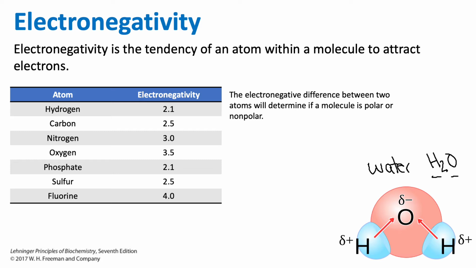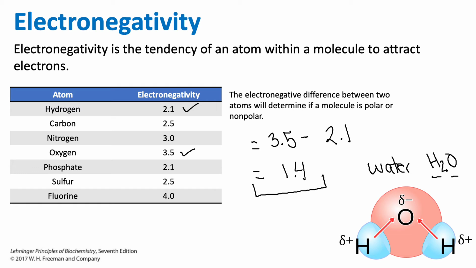If we take the difference, 3.5 is oxygen, subtract hydrogen, which is 2.1, and we would get 1.4. This is our difference in electronegativity.